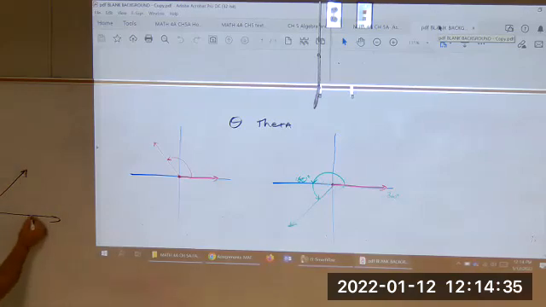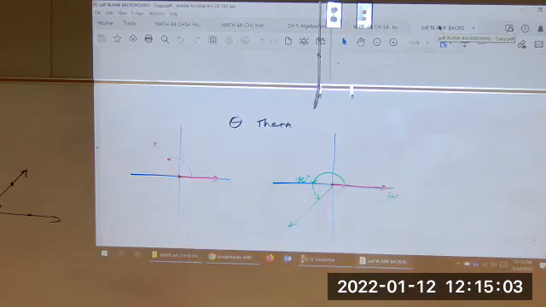Usually when you just label points, we use capital letters. That's angle ABC or angle CBA or angle B. But if I want to just call this angle theta, then we can just call it angle theta. So theta is going to be used quite a bit more often.